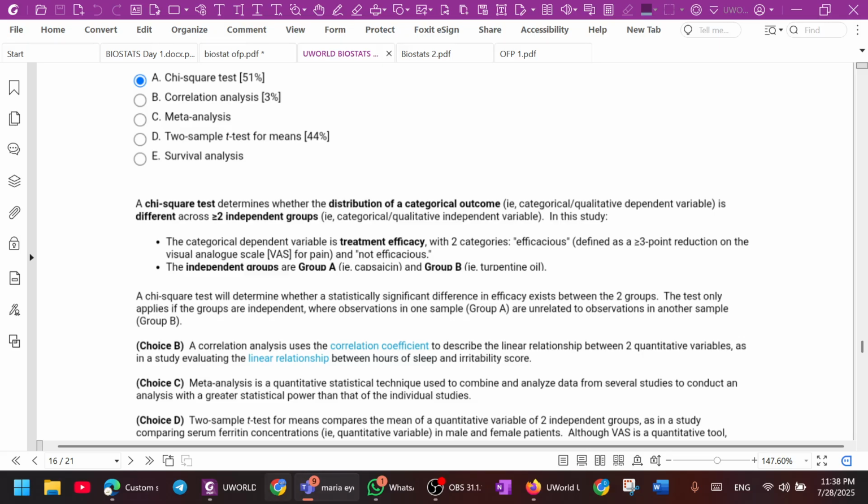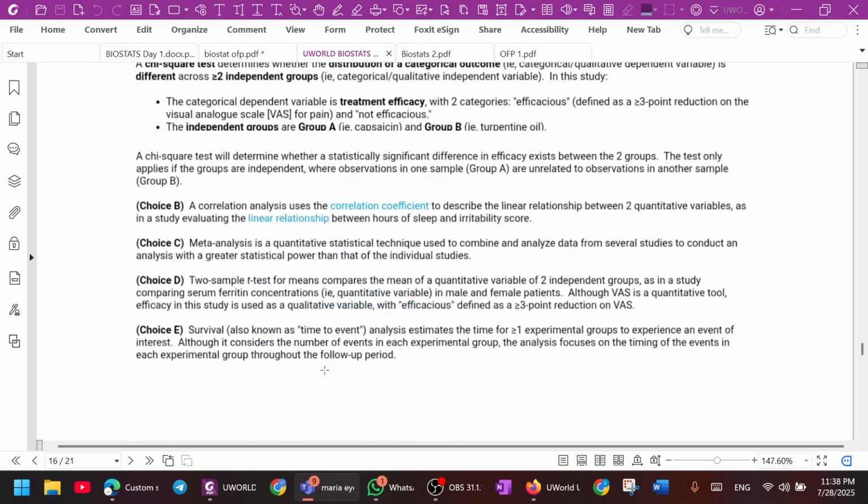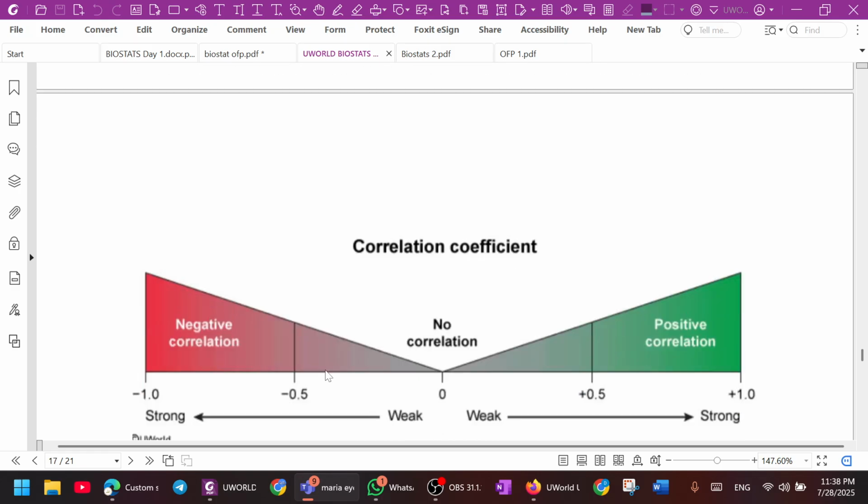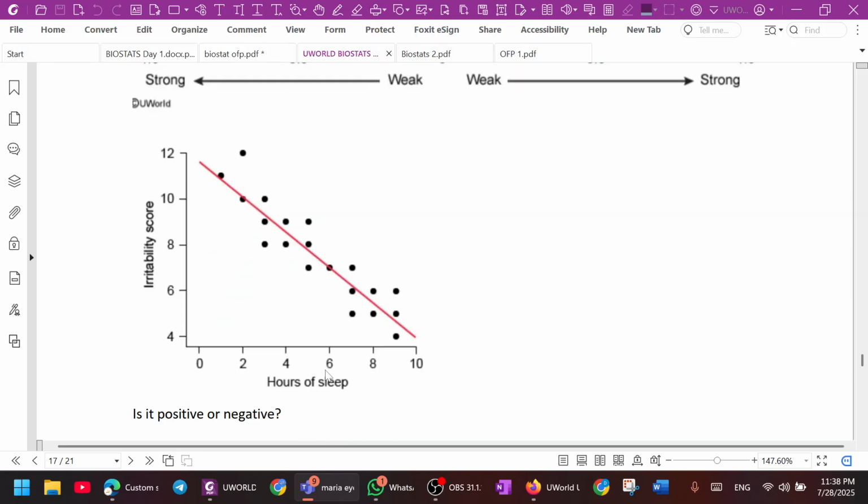Okay, I guess you have to answer here based on this. Is it a positive or a negative correlation? Isn't it negative correlation?